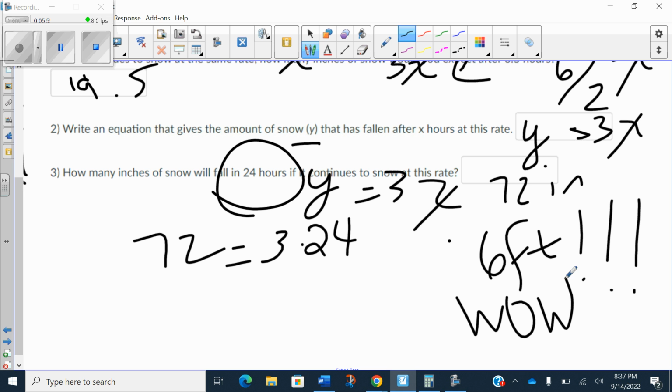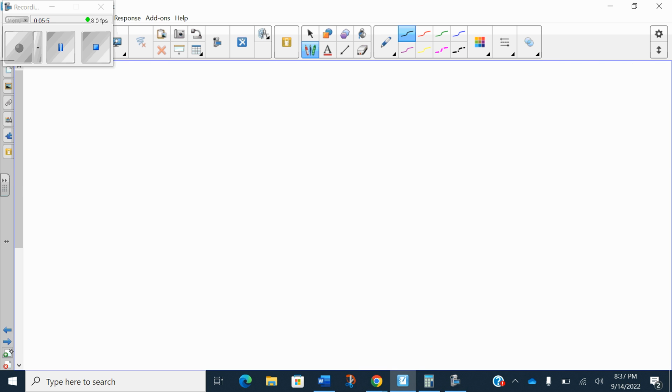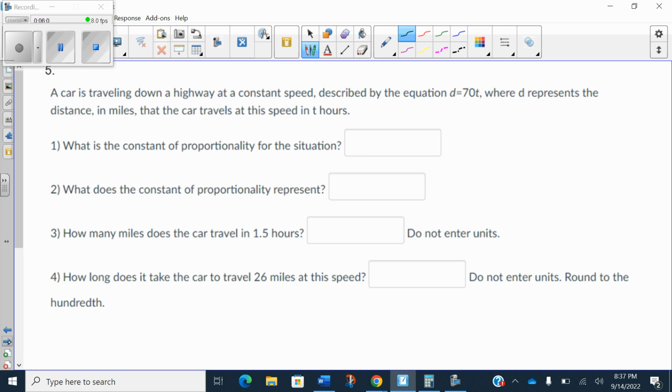All right, next one. It says a car is traveling down a highway at a constant speed described by the equation d equals 70t, where d equals the distance in miles that the car travels at the speed in t hours.